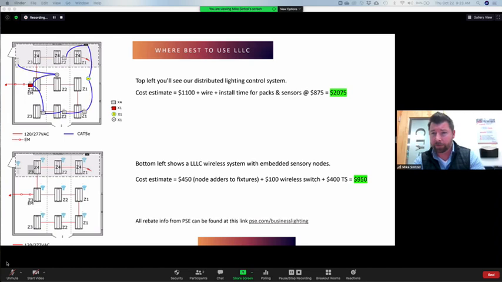One of the issues with luminaire light level control is, let's say I'm in a hospital and I'm pushing a stainless steel cart, and all my lights above me are LLLC and they all have sensors in them, with photocells and daylight harvesting.